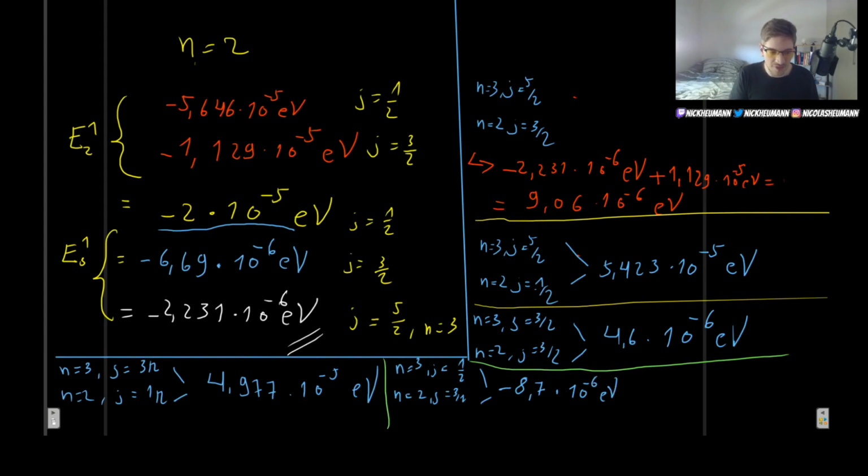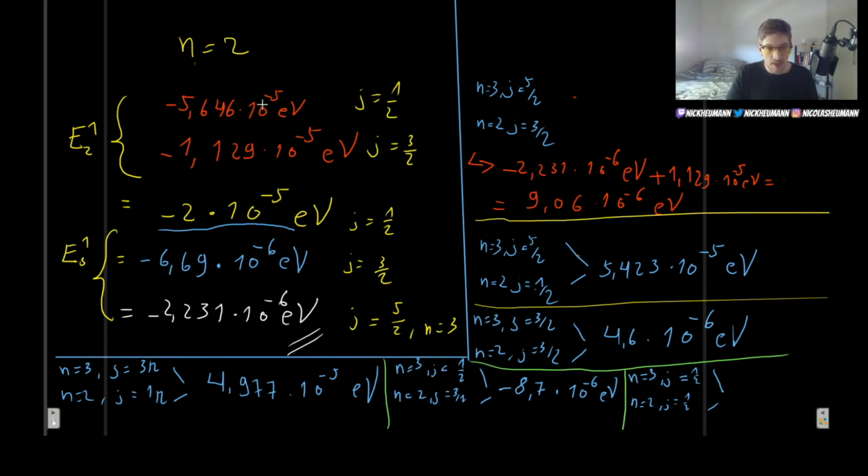And we have one final case, just one last case, which is going to be n equals 3, j equals 1/2, and n equals 2, j equals 1/2. And in this case, we are doing this minus this.